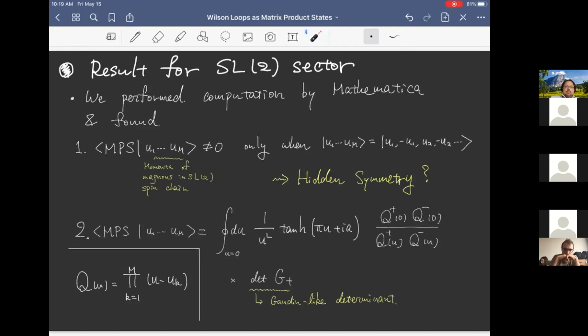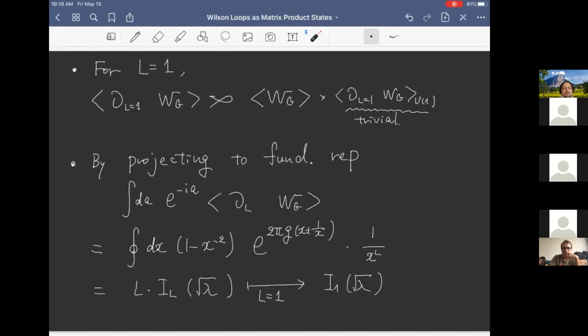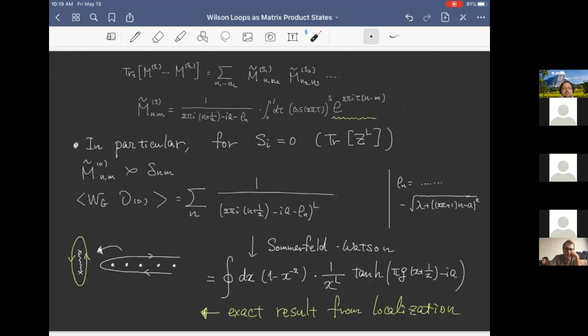Sorry, Shota, another question. Can I ask you to comment on the similarity of the result with the boundary case or the interface? It's very similar, right, to the previous result, the one-point function with the interface. You mean the localization result? Yes. So we recently computed the one-point function in the presence of a defect, a codimension 1 defect.